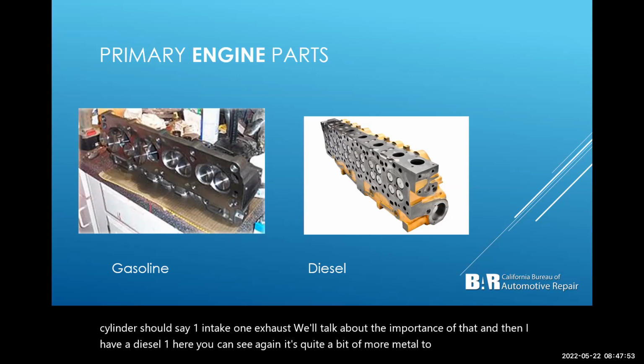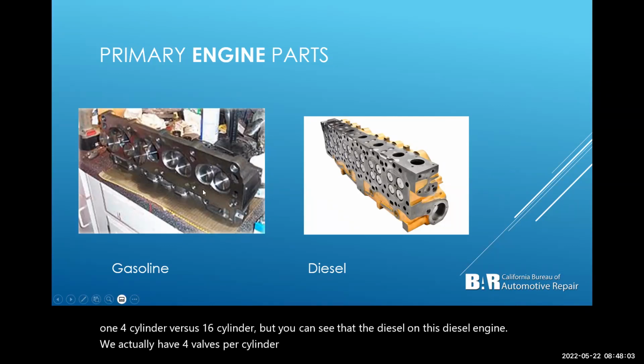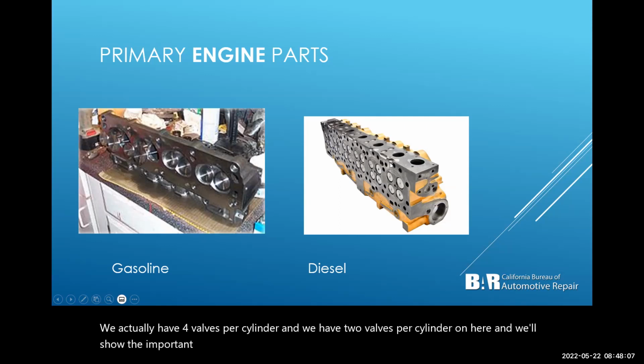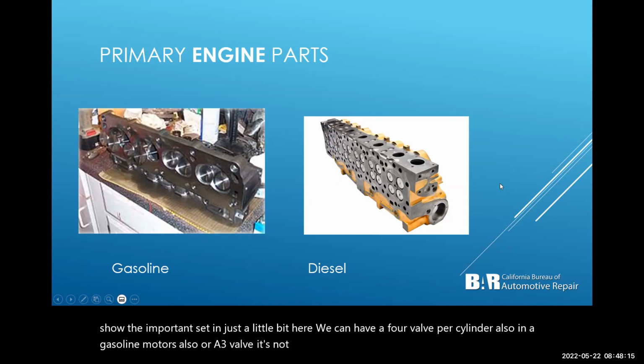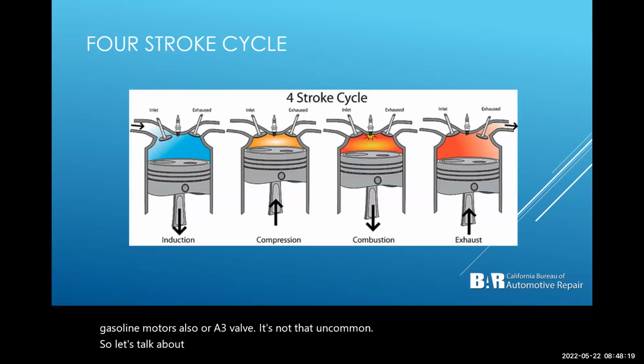This is one 4-cylinder versus one 6-cylinder, but you can see that this diesel engine has 4 valves per cylinder and we have 2 valves per cylinder on here. And we'll show the importance of that in just a little bit here. We can have 4 valves per cylinder in gasoline motors also, or 3 valves. It's not that uncommon. So let's talk about why and all that good stuff.